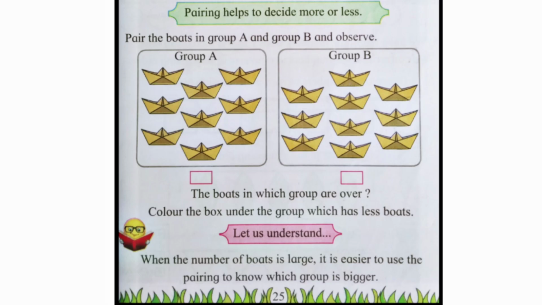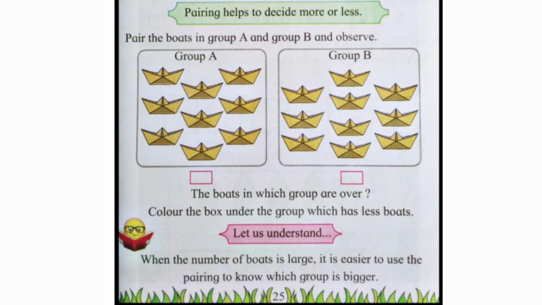Let us pair the boats in group A and group B. Now, join one boat in group A with one boat in group B. Now, we observe that the boats in group A are over. Some boats in group B remain. It means what? It means that boats in group B are more.